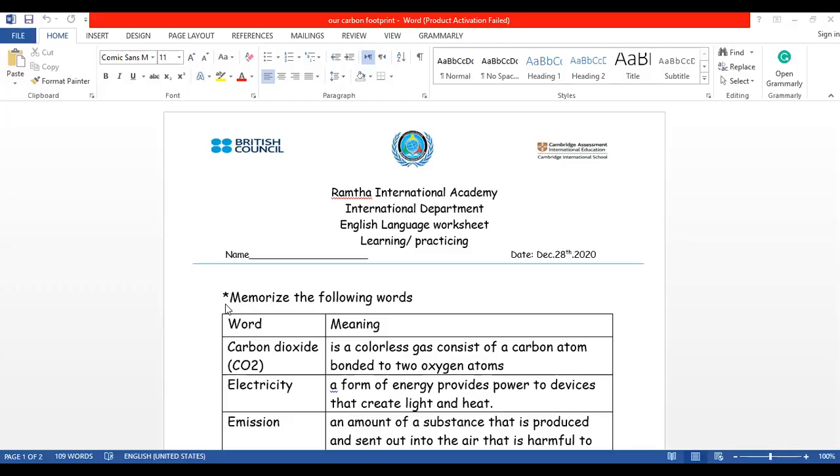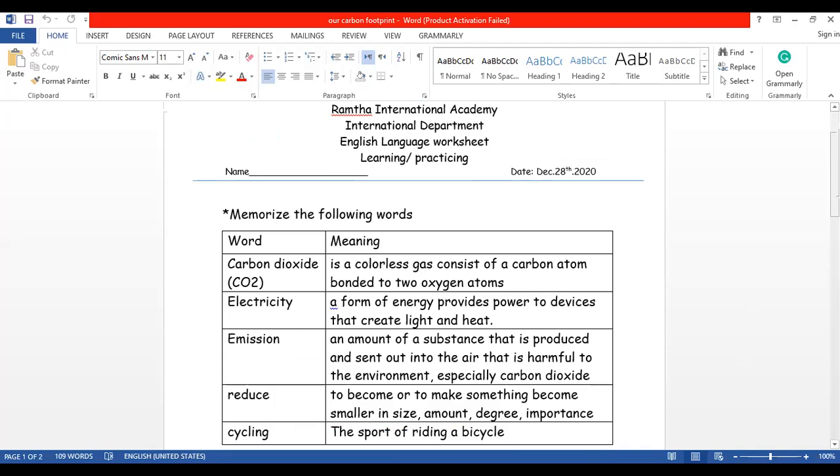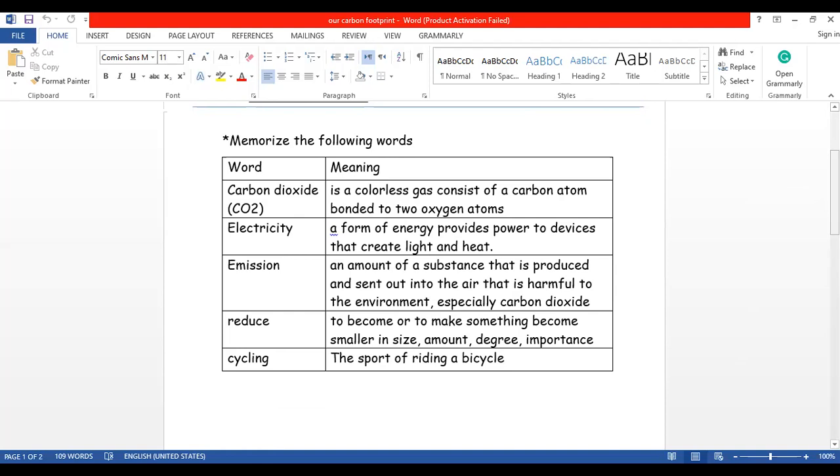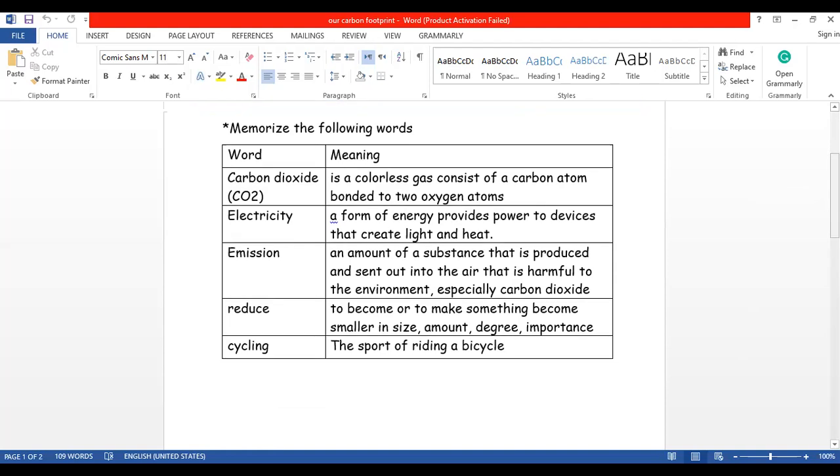So this is a worksheet. You have to memorize the following words: the meaning of carbon dioxide, electricity, emission, reduce, and cycling. Okay, you have to memorize these new vocabs with their meanings.